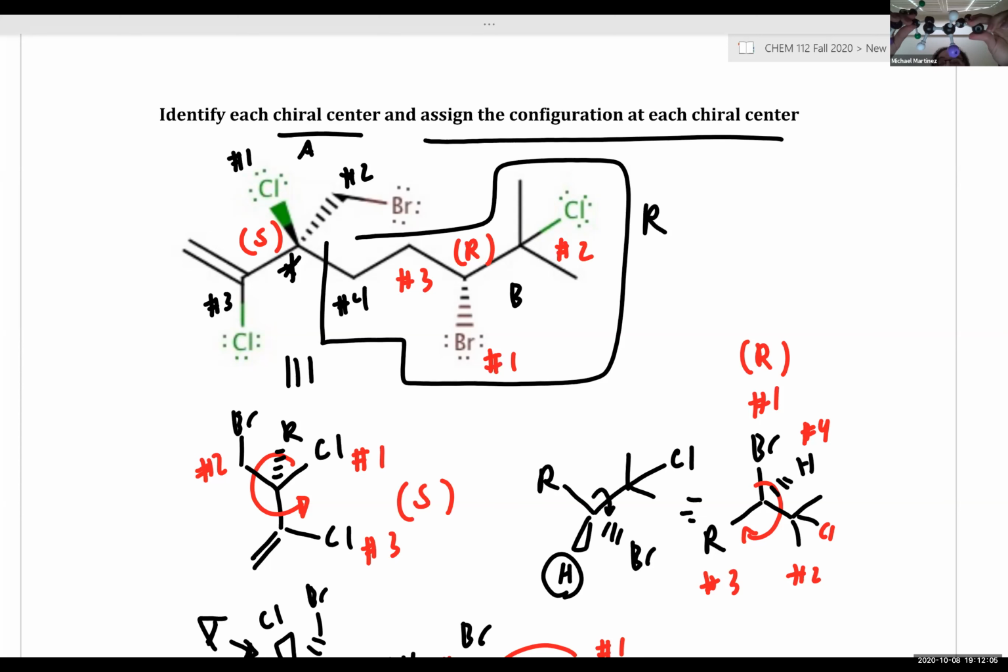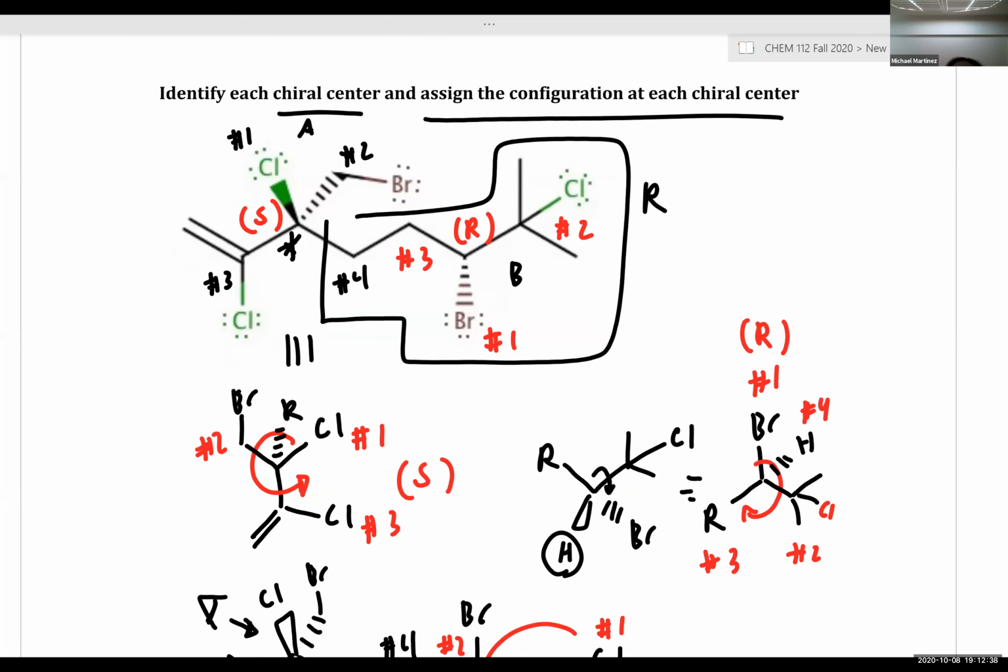Looking at the stereochemistry for our bromide, the bromine is pointing away from us currently. So we rotated our molecule, and now we draw what we see now that our hydrogen is pointing away from us. That gave us the following depiction. Okay, perfect. And that's why we assign the center as R.